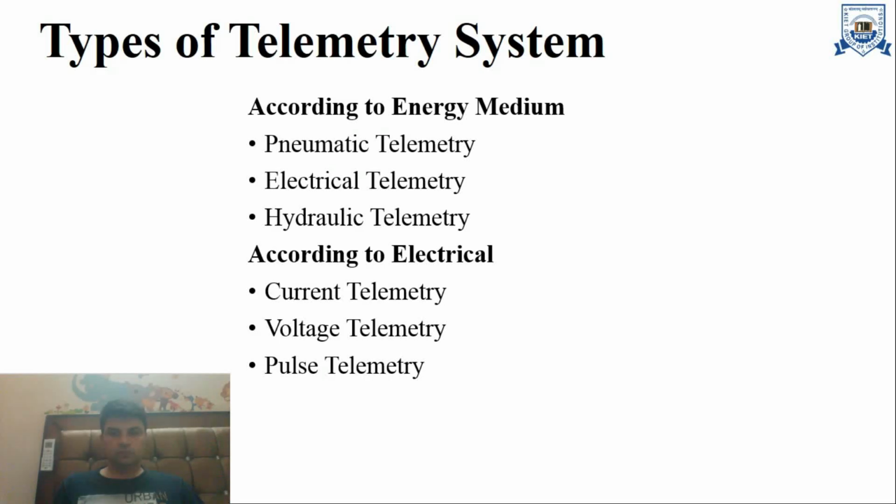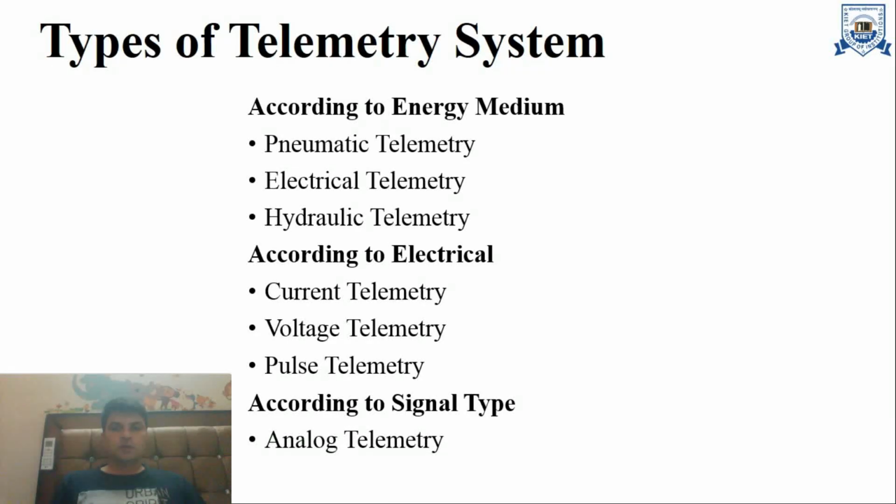In current telemetry, current will flow. In voltage telemetry, voltage will flow, and in pulse telemetry, pulses will flow. And according to signal type, telemetry may be analog or digital.